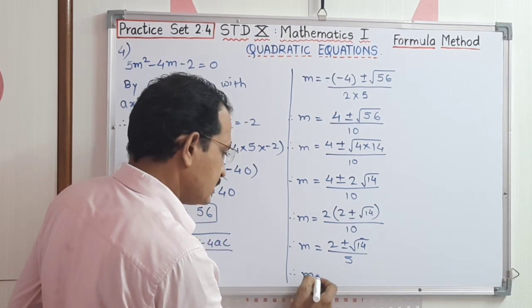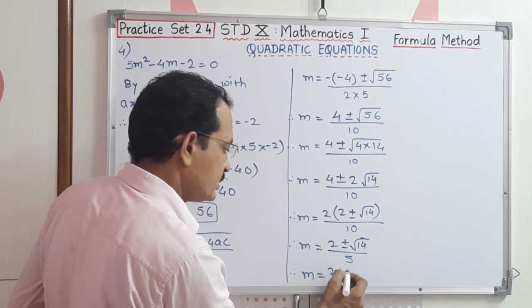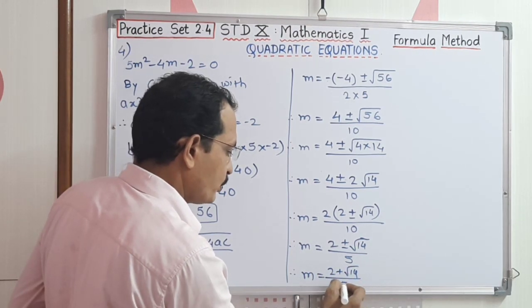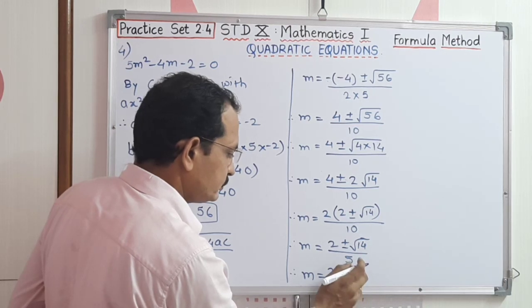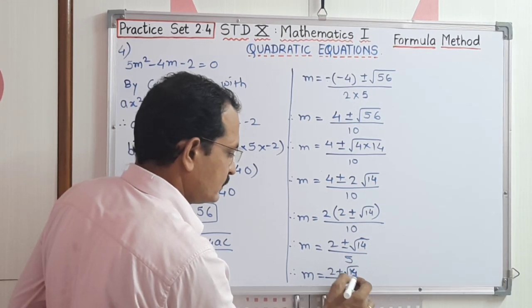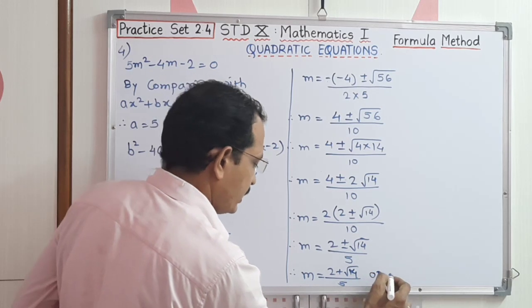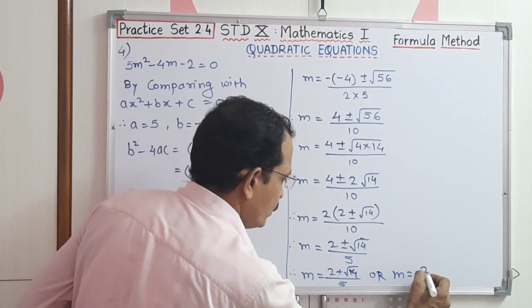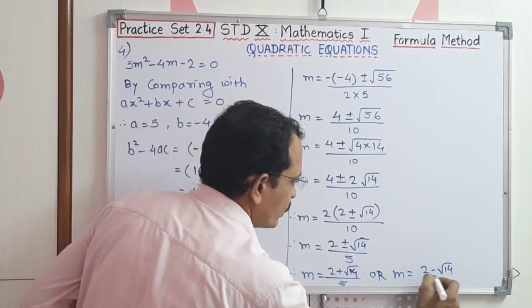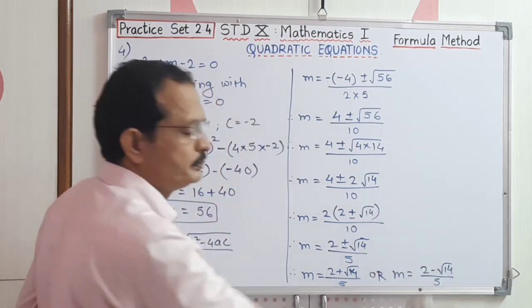Therefore final answer: m is equal to 2 plus root 14 upon 5, or we can write here m is equal to 2 minus root 14 upon 5.